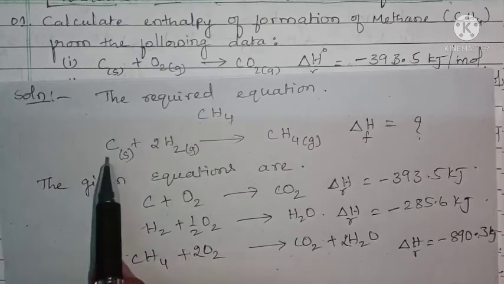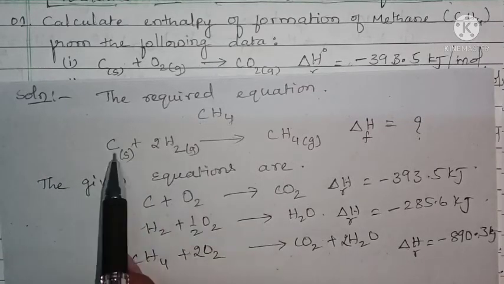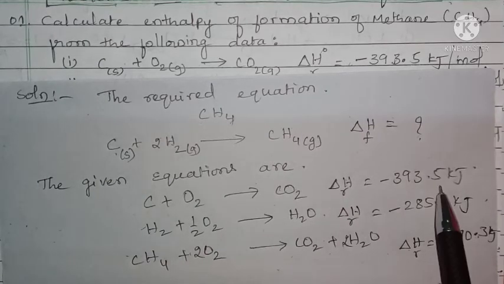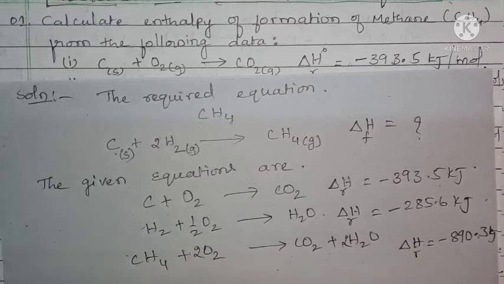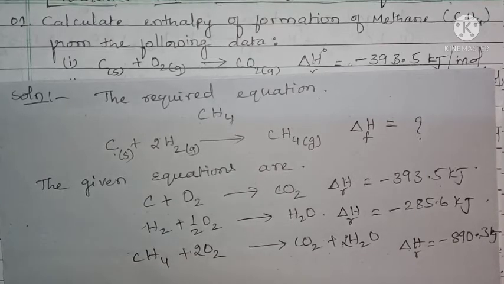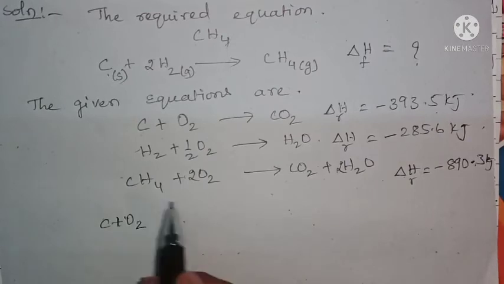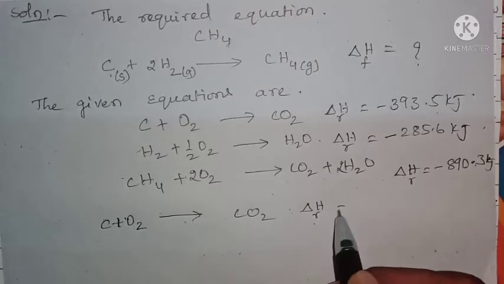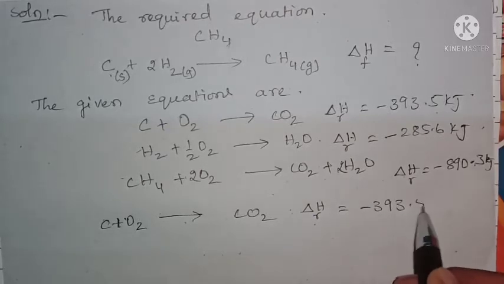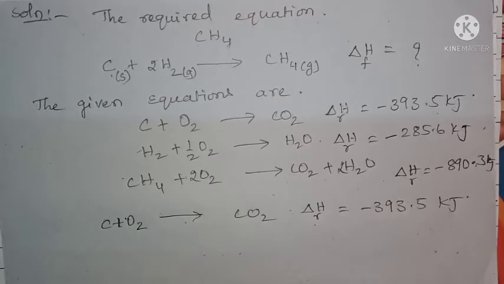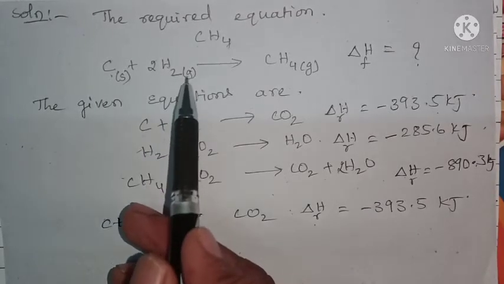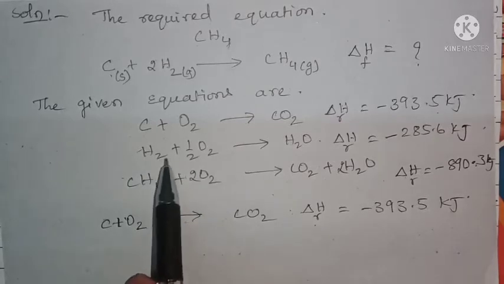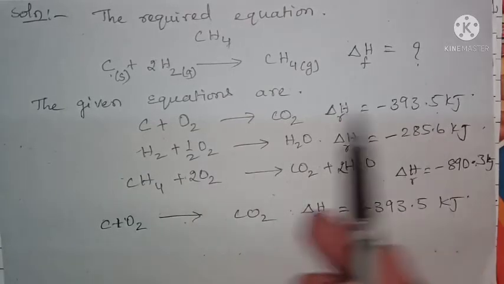Okay. For the formation of methane, I require 1 mole of carbon, and 1 mole of carbon is obtained from equation 1. So this is C plus O2 gives CO2, delta H reaction is minus 393.5 kilojoules. And the required hydrogen is 2 moles. From this equation I am getting only 1 mole, so multiply this equation by 2.